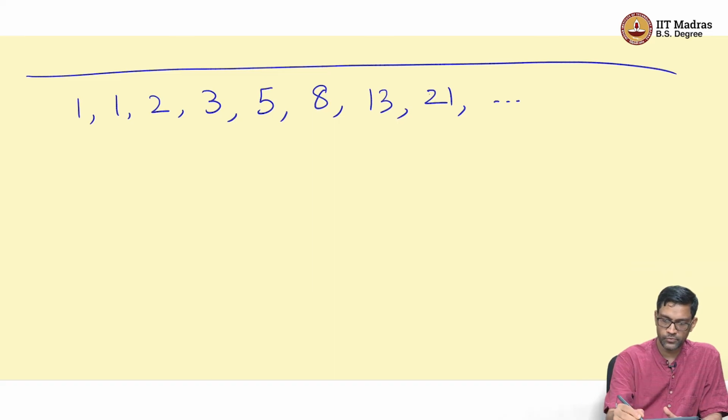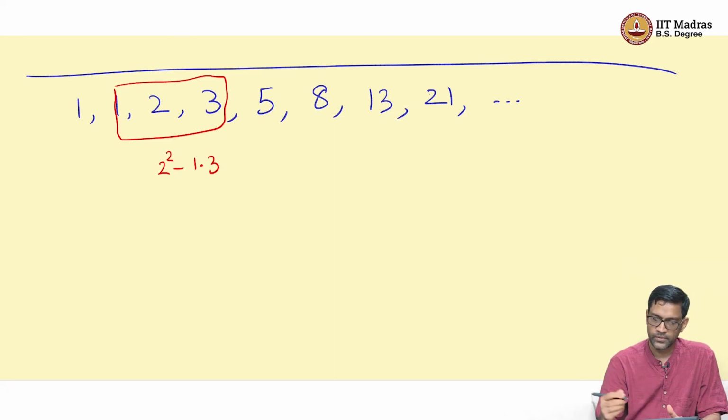For example, take these three successive terms, take the square of the middle term minus the product of the two outer terms. In this case, the outer terms are 1 and 3, and 2 squared minus 1 times 3 is 1.